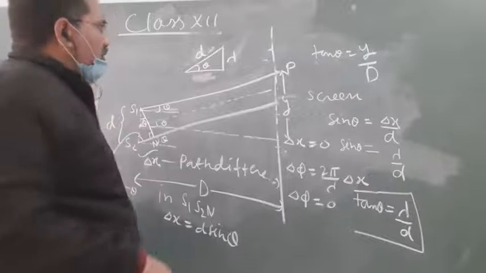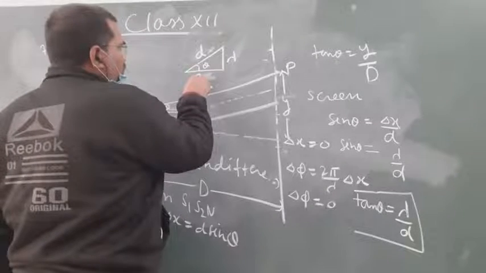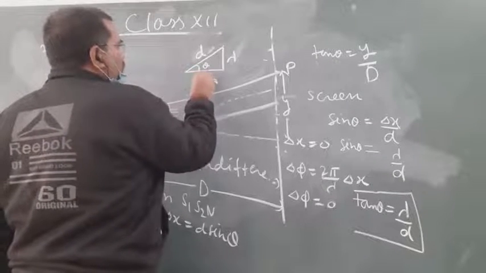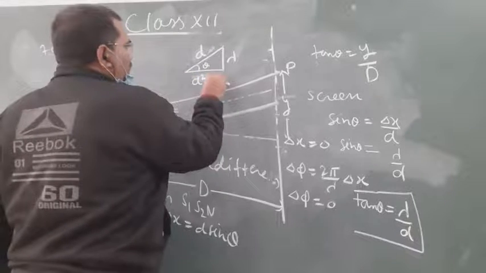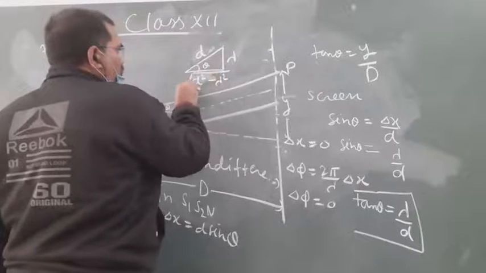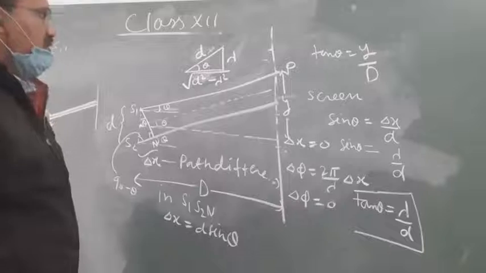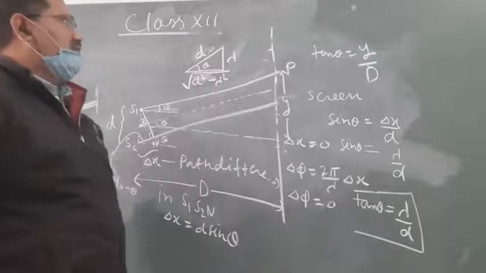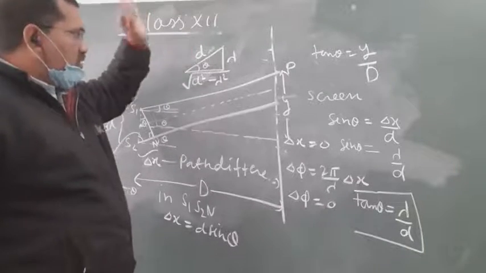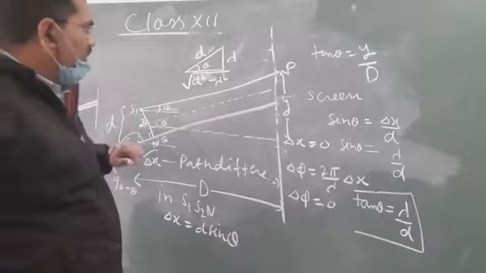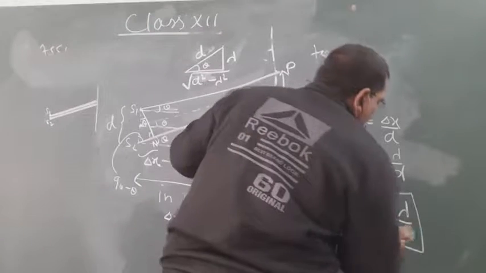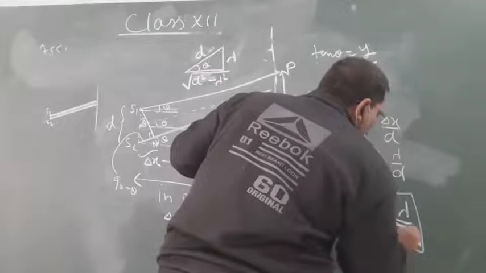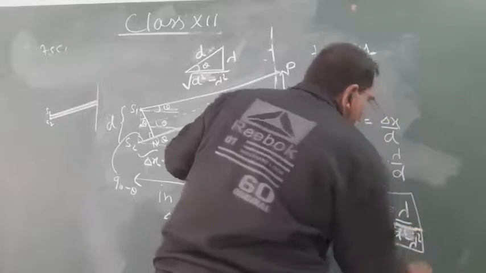The perpendicular would be the square root of d square minus lambda square. So tan theta will be lambda upon under root d square minus lambda square.